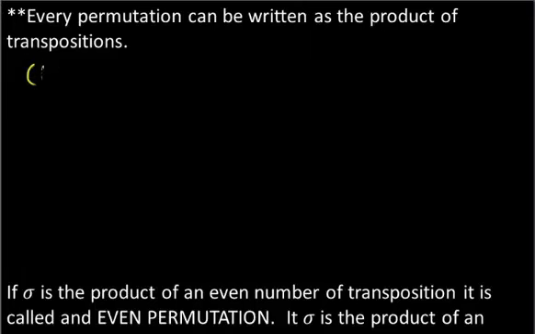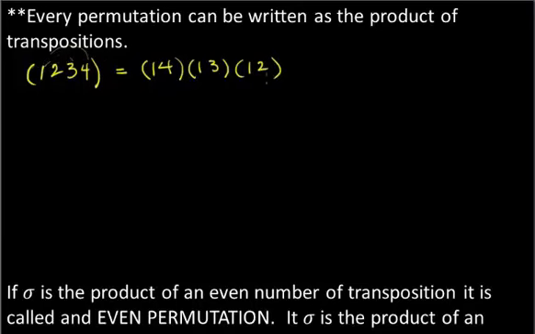If I take 1, 2, 3, 4, that is the same as, now notice I put the 1 down and I go 1, 4, and then 1, 3, and then 1, 2. This is just one way of doing it. Multiply it out and see. Let's just check.